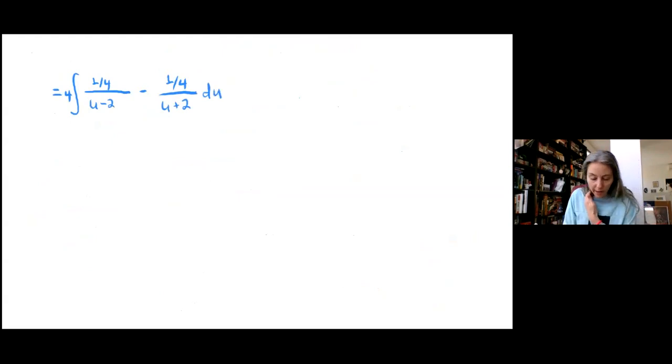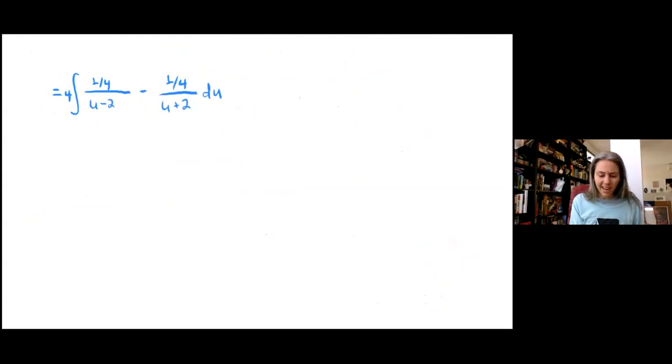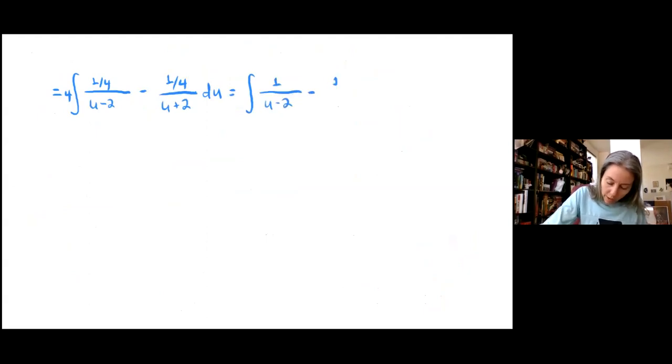Let's go back and check that we did that right. Our A was 1/4, so that's 1/4 over u minus 2, and our B was negative 1/4, which is why we have that minus there. Awesome. Now notice I can redistribute that 4 back through to get that this is 1 over u minus 2 minus 1 over u plus 2.